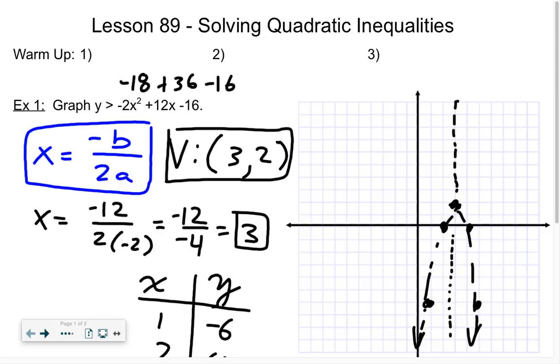And then the last thing we need to do is shade this thing, correct? Now, you can use a test point if you want to. You could use 0, 0, plug it in and see what you get for a result. Or, hopefully the way you're catching on to it is, notice this expression tells us we want all of the y's that are greater than this value. So are we going to shade above or inside this thing? Above. Very good.